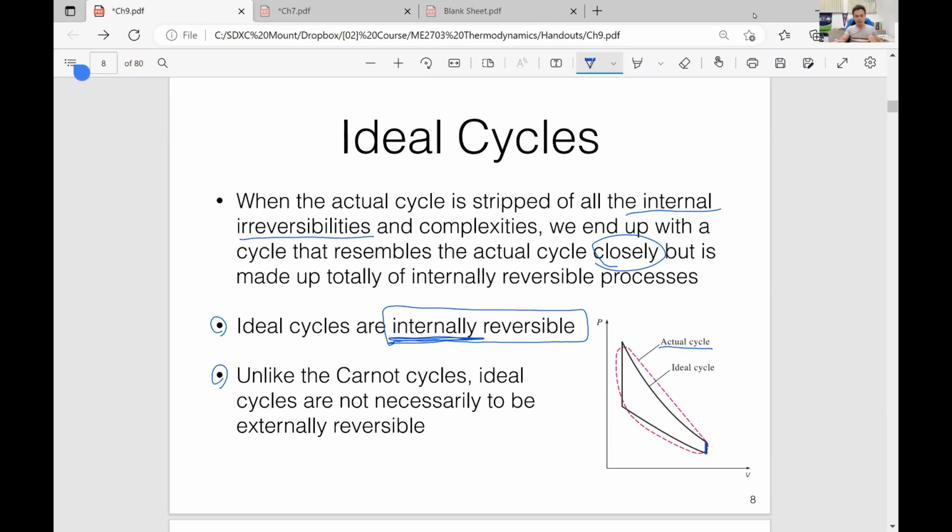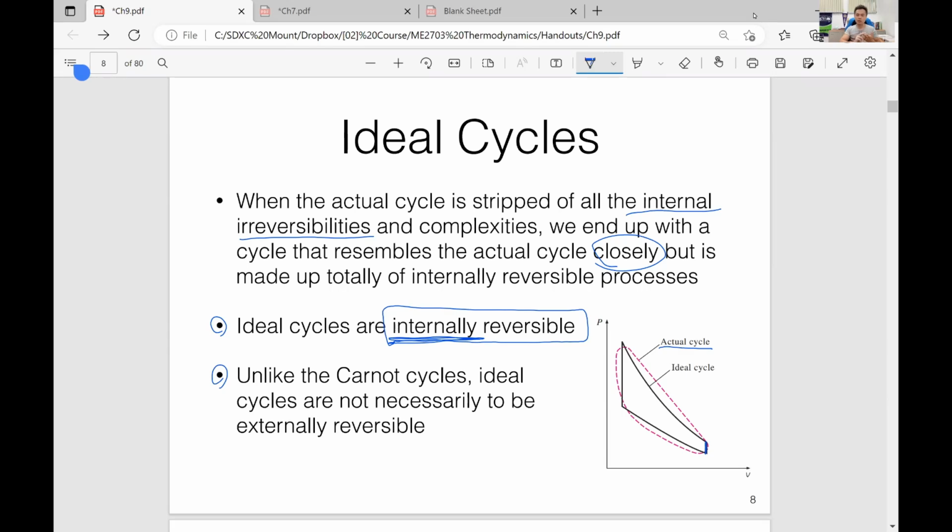Unlike the Carnot cycle, we know the Carnot cycle is the best one, right? It's made up of four reversible processes, and all the processes are reversible.